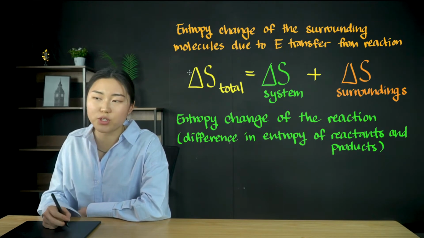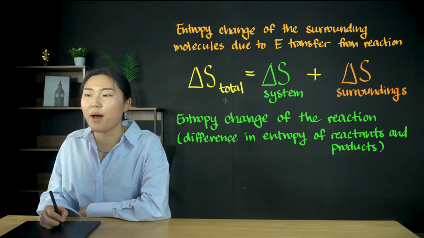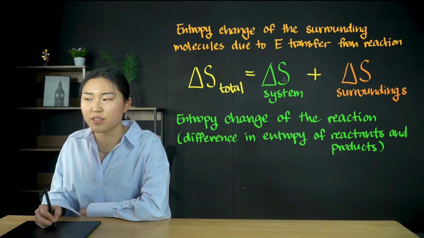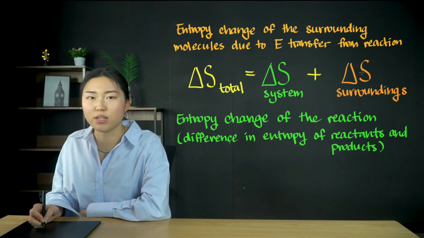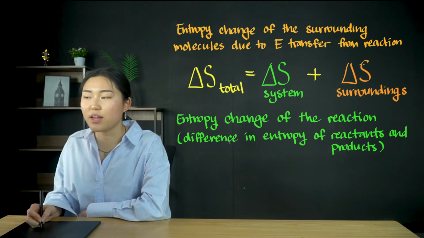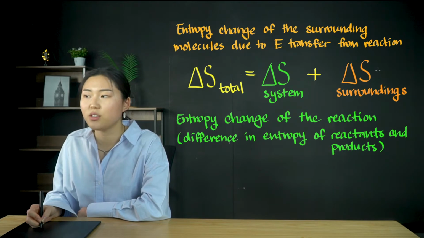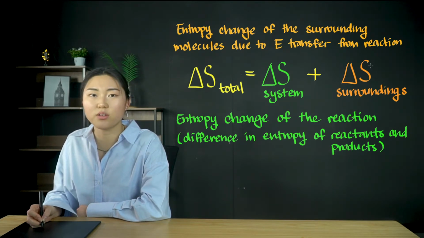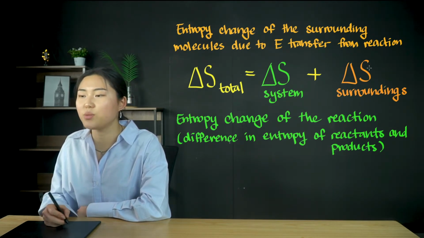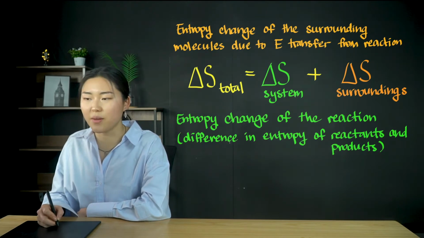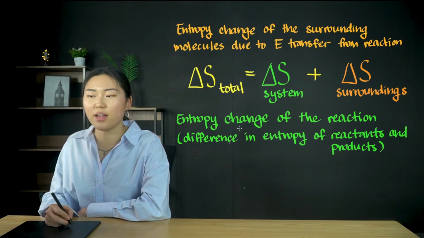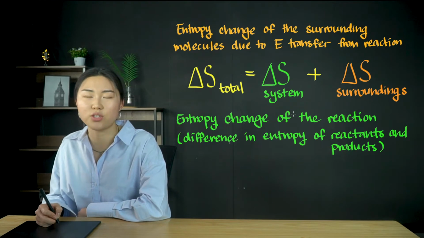So the total entropy change can be calculated by taking into account the delta S of system and delta S of surroundings. The entropy change of the surroundings is basically the energy transfer to the surrounding molecules from the reaction, and we have the entropy change of the system, which is basically the entropy change of the reaction occurring.